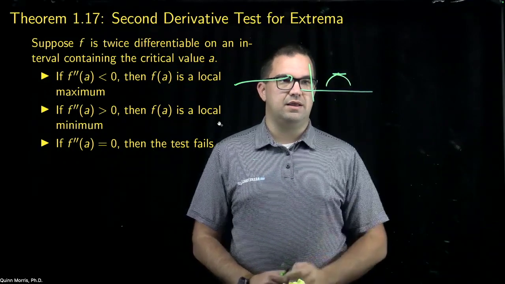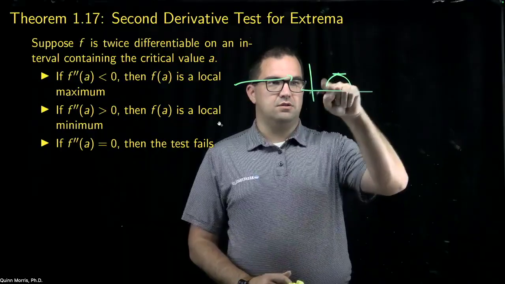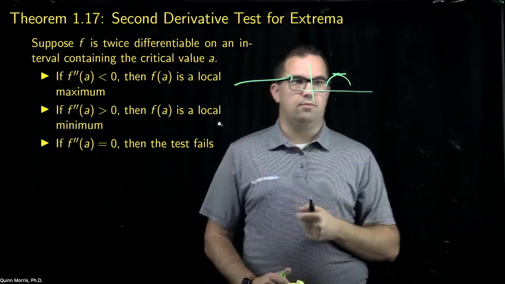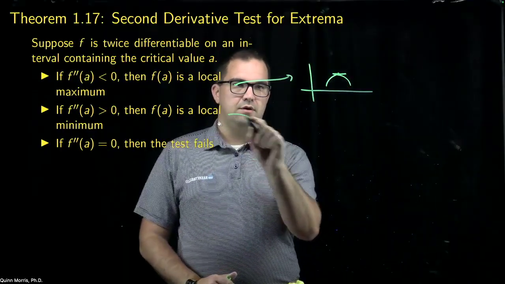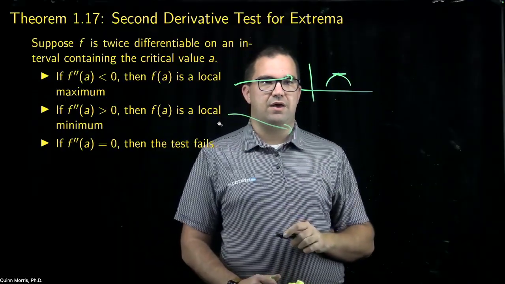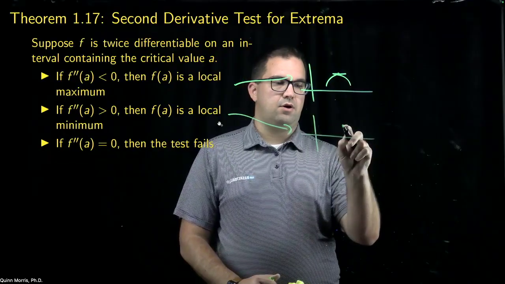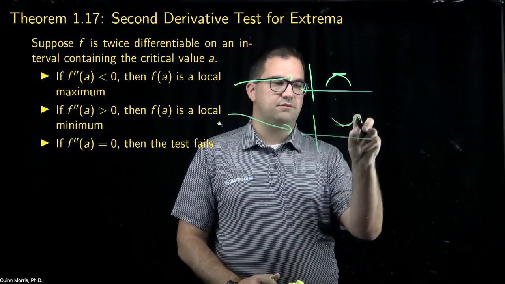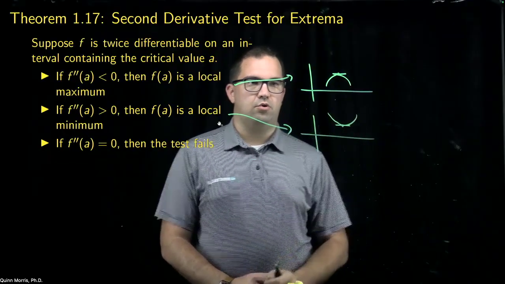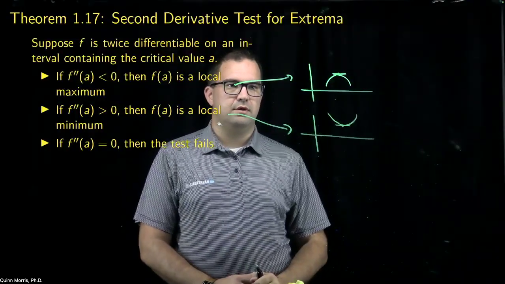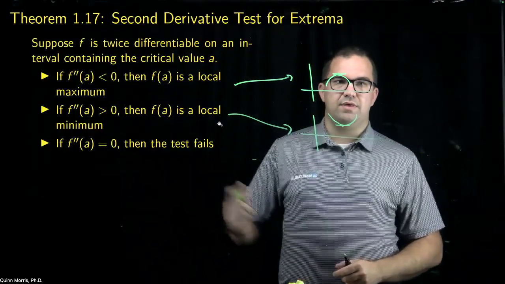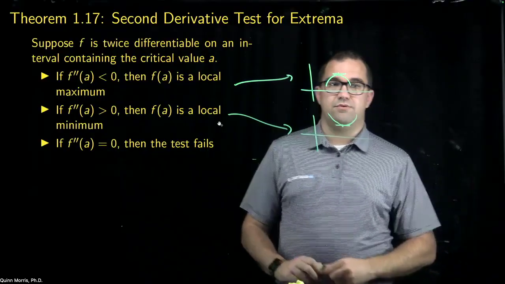So I have to be at a local maximum, because nearby, at least, it's got to look like a little bowl turned upside down. In the flip case, if f double prime of a is positive, then again I'm at a critical value, but now it's positive, so I know I'm at a local minimum.